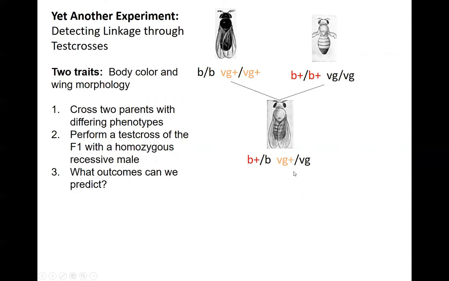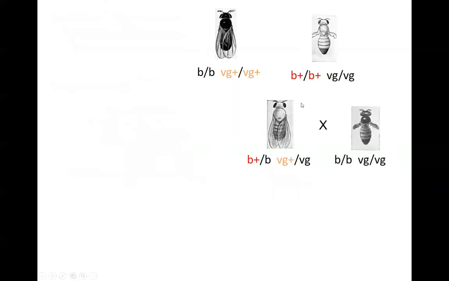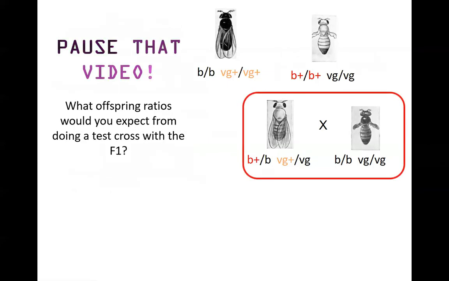So what we're going to do is perform a test cross with this F1. Hopefully you remember the test cross involves an individual that we know to be homozygous recessive for all these traits. So we're going to set up this test cross, and now would be another great time to pause the video. What offspring ratios would you expect from doing a test cross with this F1?